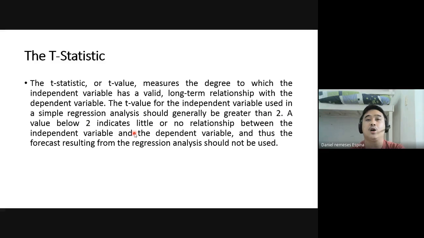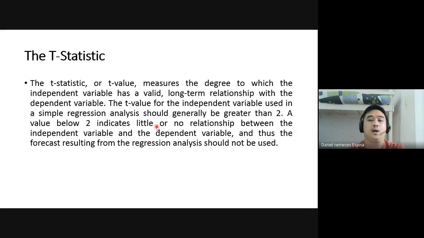So a t-statistic that is below 2 indicates no relationship or a little relationship between the independent and dependent variable. So sa pag-interpret niyo later and then you found out that the t-statistics is 2 and above. So confident mo ana that the independent variable can predict the dependent variable.